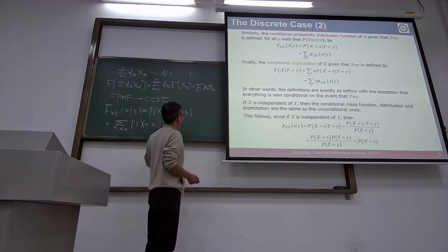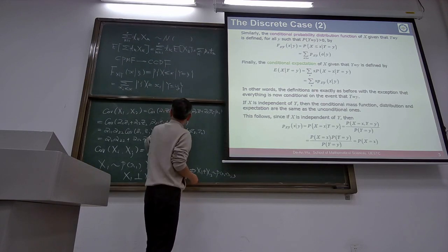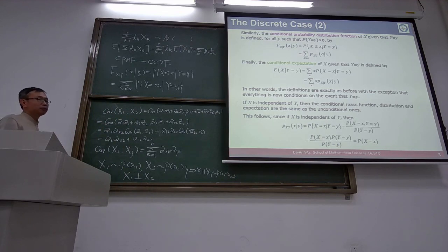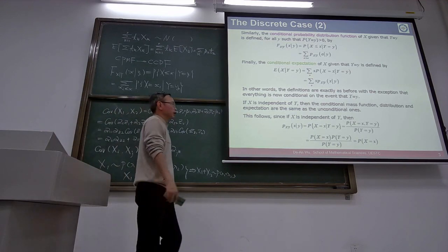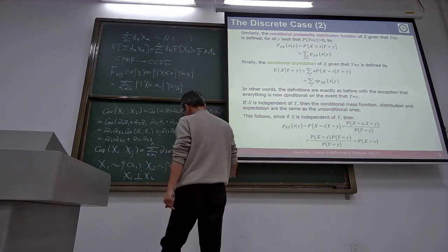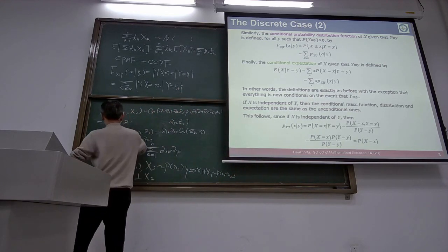Using such a conditional probability mass function, we can find the conditional mathematical expectation.